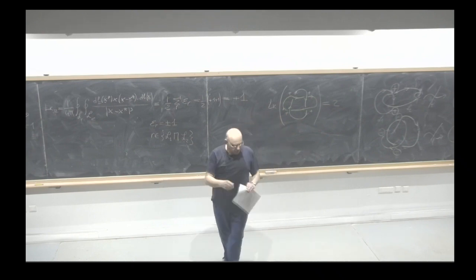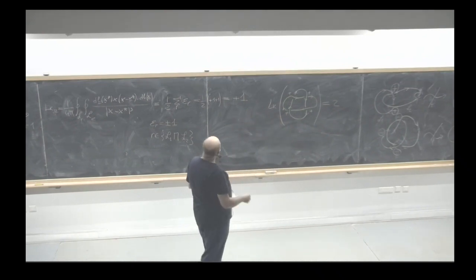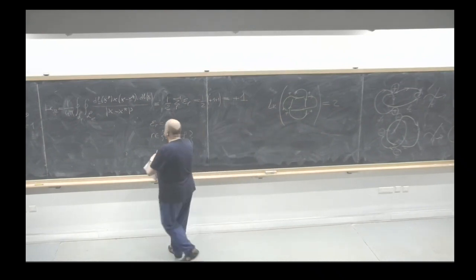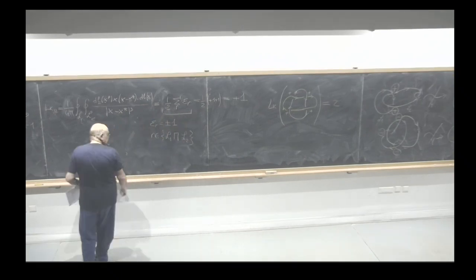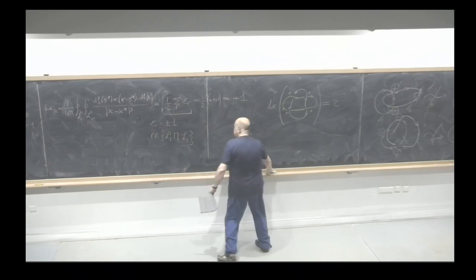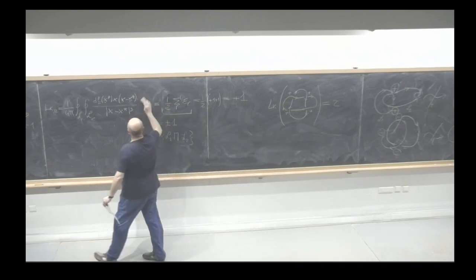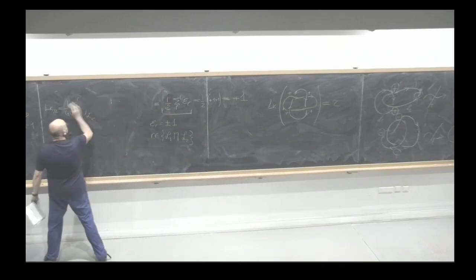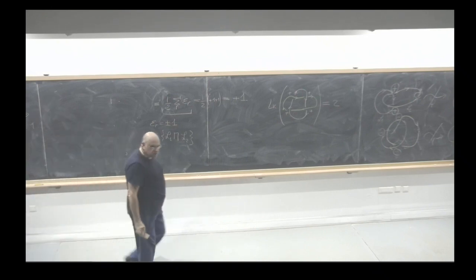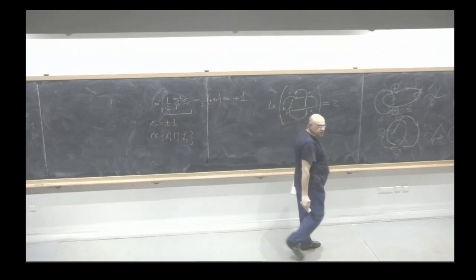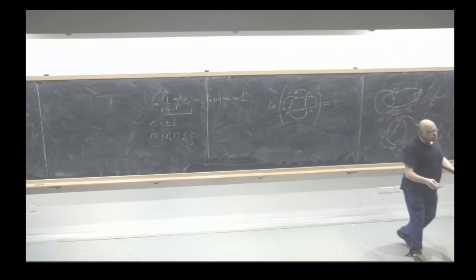There are four pluses. So you see, this formula for the linking number is so easy. You instruct your code to take good projections.